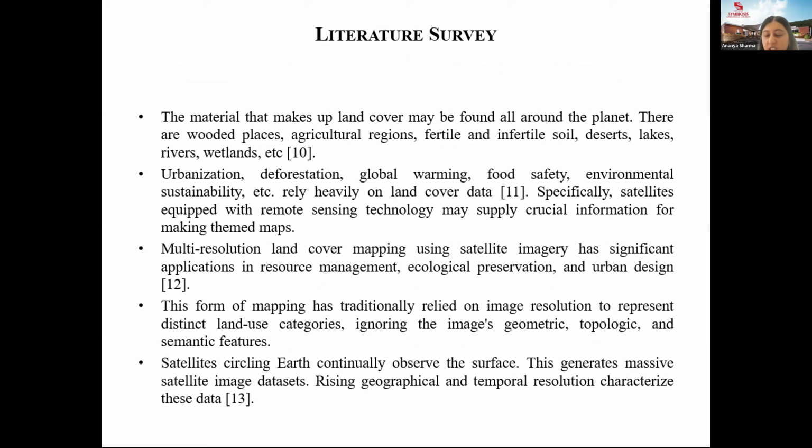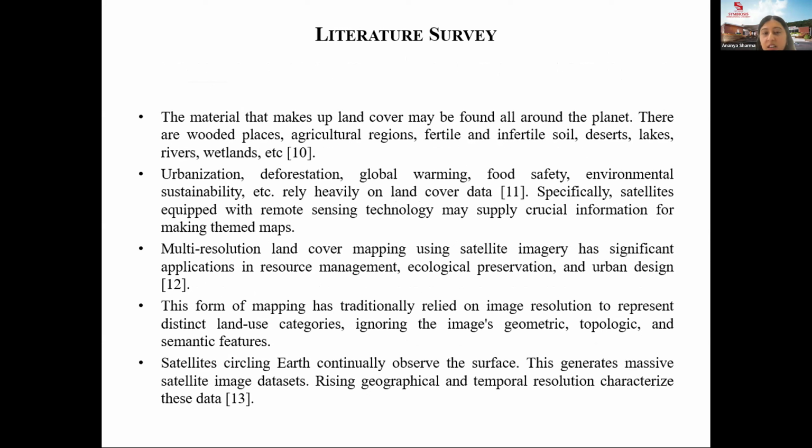The material that makes up land cover may be found all around the planet. There are wooded places, agricultural regions, fertile and infertile soil, deserts, lakes, rivers, even wetlands, and urbanization, deforestation, and global warming all rely heavily on land cover data. Specifically, satellites equipped with remote sensing technology may be helpful in supplying crucial information for making themed maps.